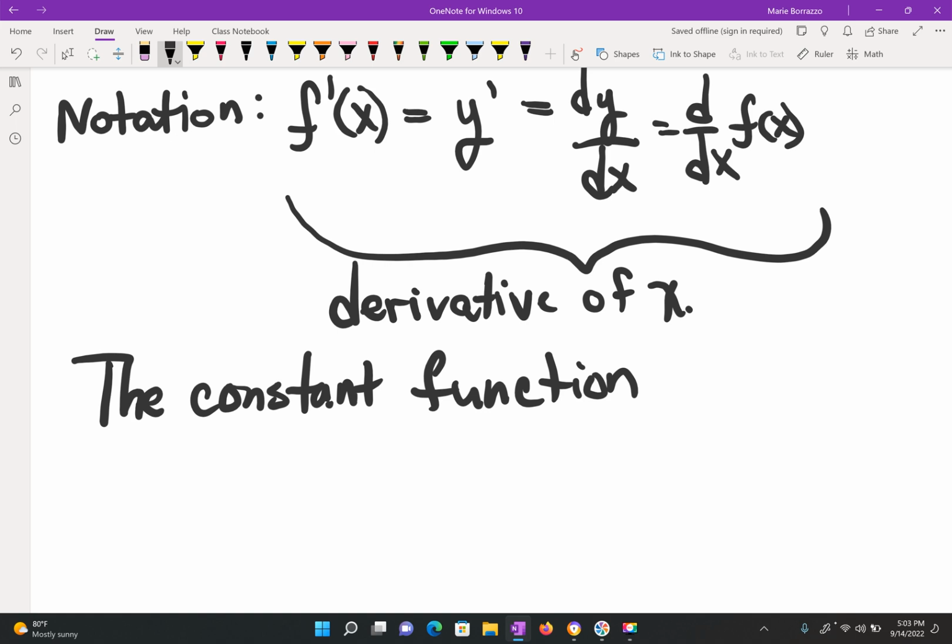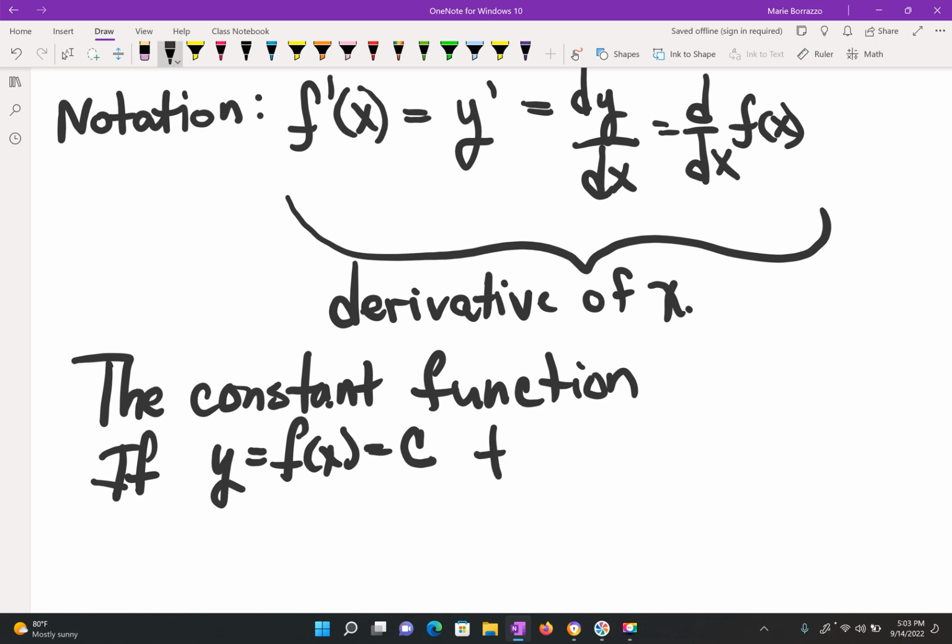So as a notation, if y equals f of x, and this is equal to c, some constant, then the first derivative is equal to 0.